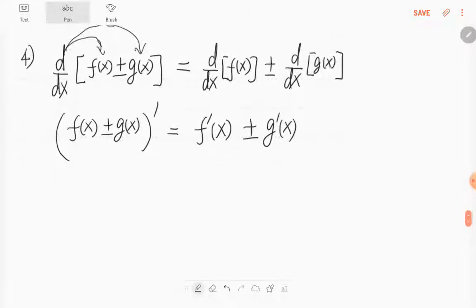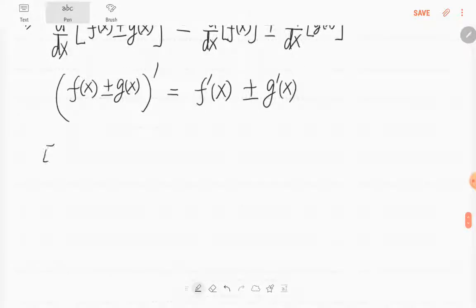Now let's look at a quick example. What is the derivative of 3x squared plus 2 square root of x? We can use the sum formula.